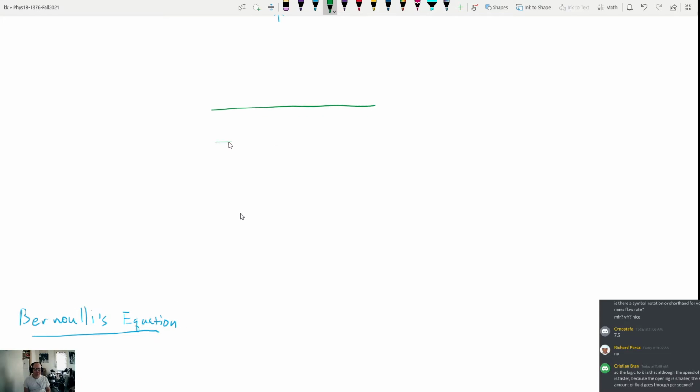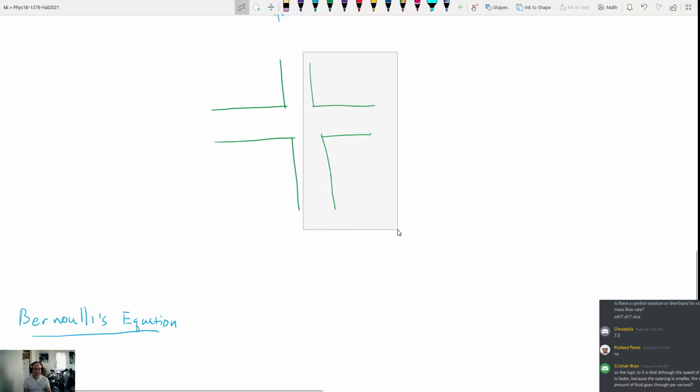So I've got an intersection right here. Here's the intersection. And I'm sitting here. Here, let me clean this up a little bit. So here's your intersection. You need to have more lanes. Okay.